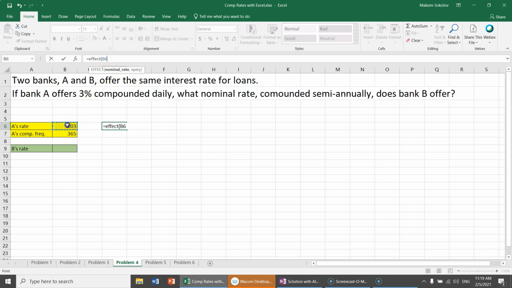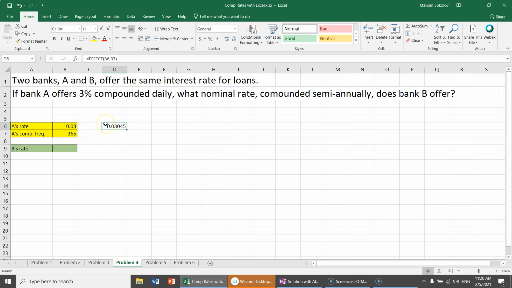In this case, it's going to be 3%, which is in cell B6. And then we need to specify the number of periods that the nominal rate is compounded, and that is in cell B7. That's because 3% is compounded daily.